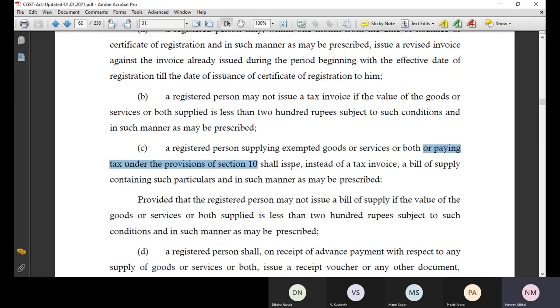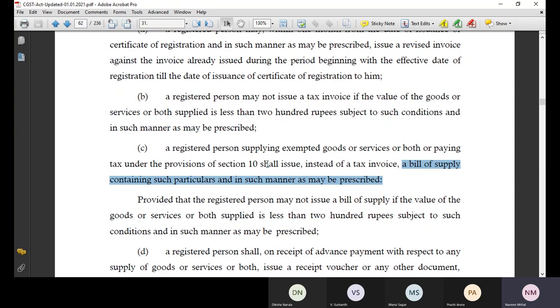All those composition levy scheme suppliers must issue, rather than a tax invoice, because tax invoice is not required. They don't charge GST, but they need a bill. That is known as BOS, bill of supply, containing such particulars and in such manner as may be prescribed. So suppliers of exempted goods and services, or suppliers under the composition levy scheme, are not supposed to issue a tax invoice.